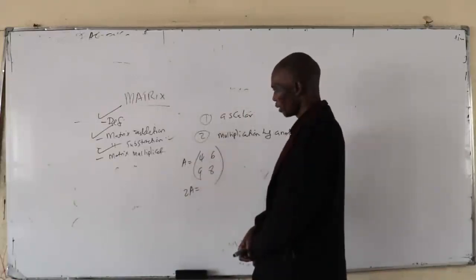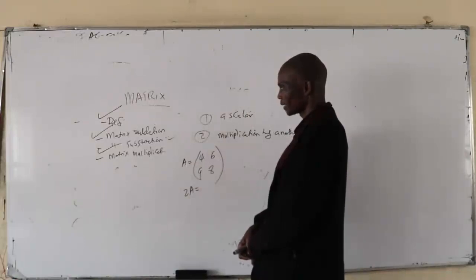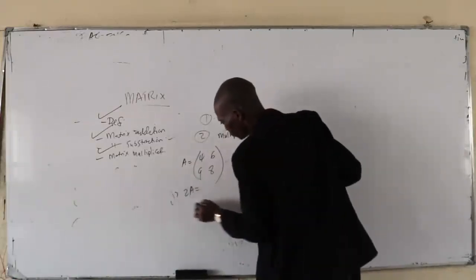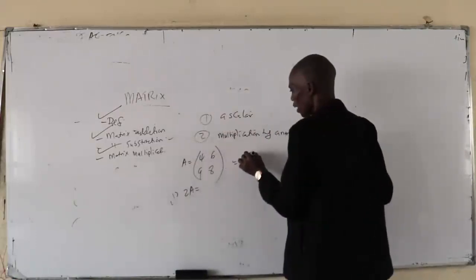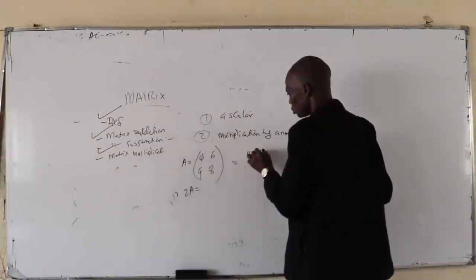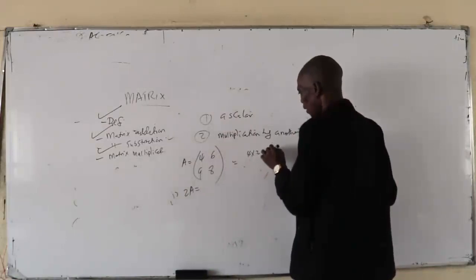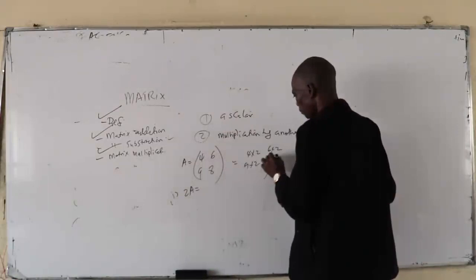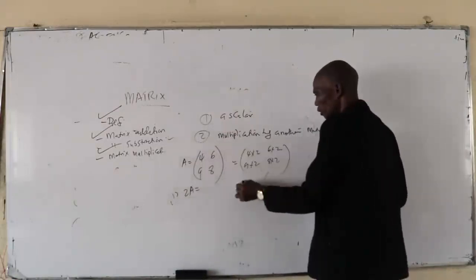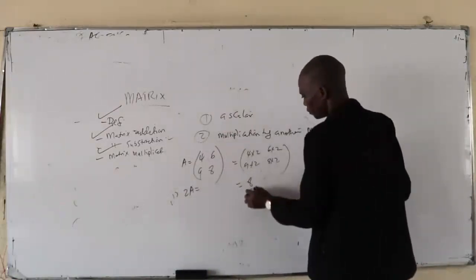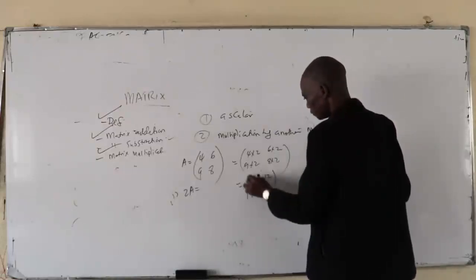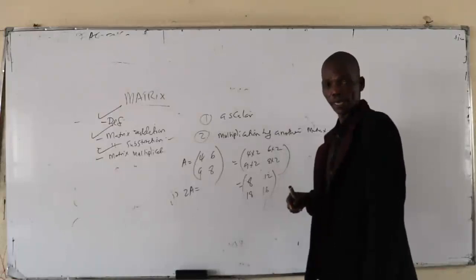We call this matrix multiplication by a scalar. So to get 2A, it should simply be 4 times 2, 6 times 2, 9 times 2, 8 times 2. So you get this to be 8, this is 18, this is 12, this is 16. Multiplication by a scalar.